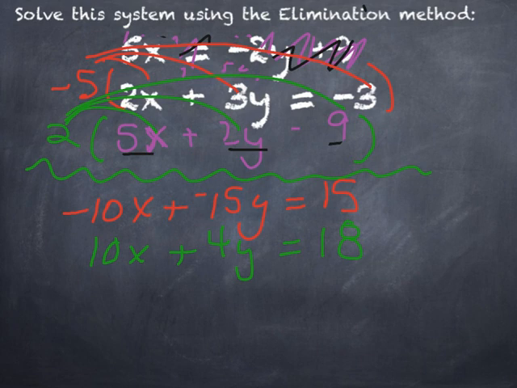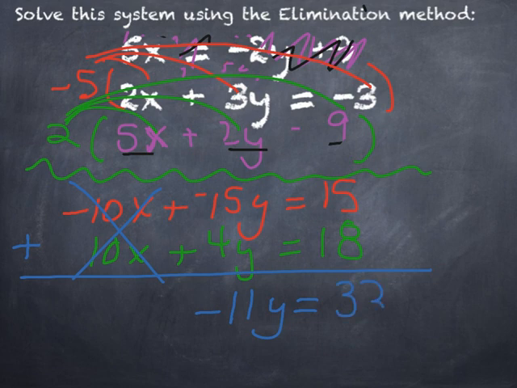Okay, so what I wanted to happen did. When I add these two equations, my x's cancel out, and they do. And now I'm going to add negative 15y plus 4y, and I'm going to get negative 11y. And I'm going to add 15 and 18, and that's going to be 33.